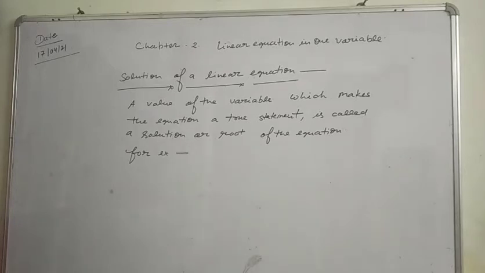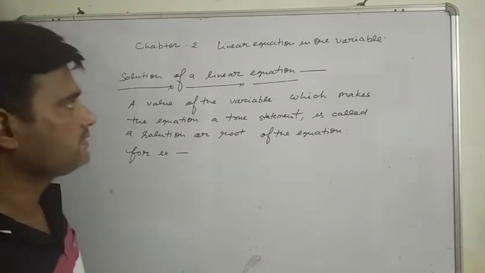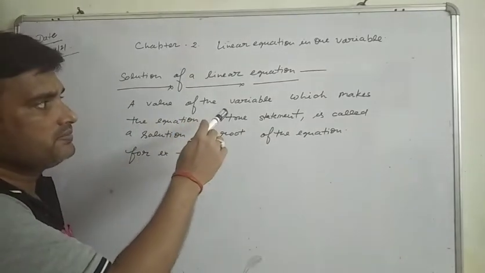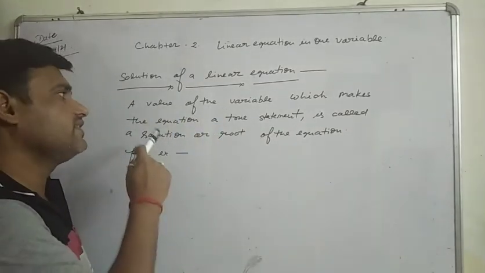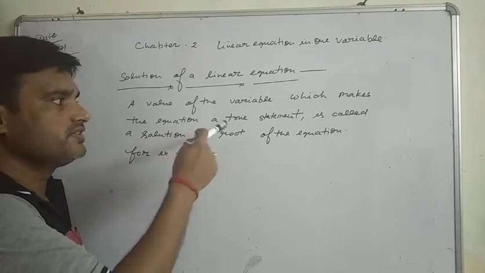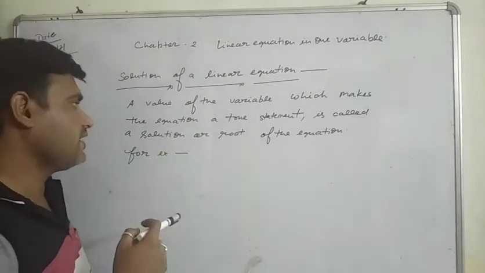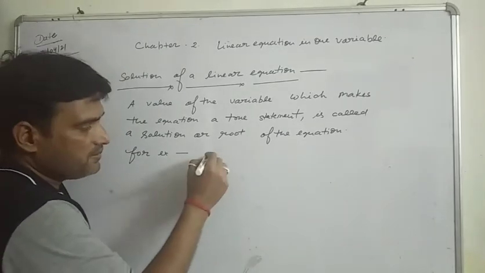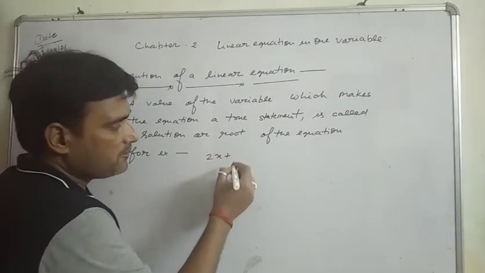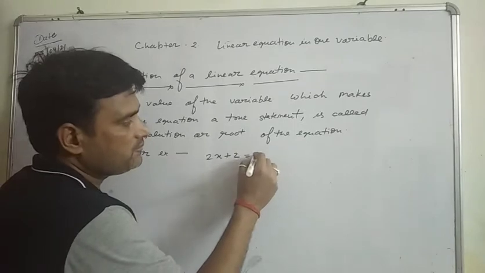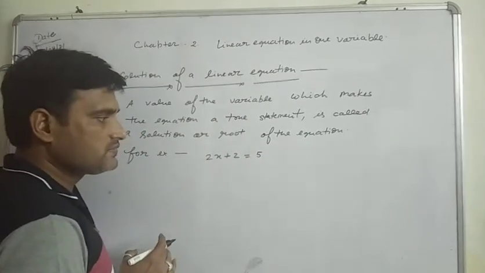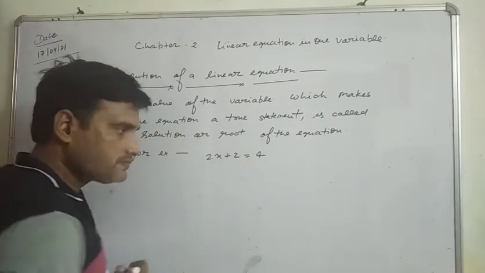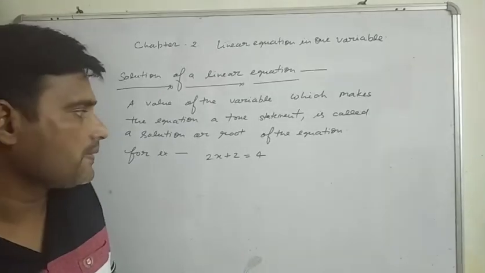Now next, solution of a linear equation. A value of the variable which makes the equation a true statement is called a solution or root of the equation. For example, we take 2x + 2 = 4.